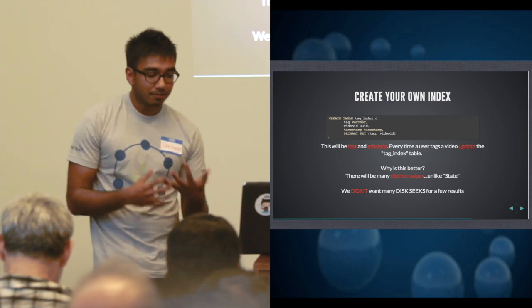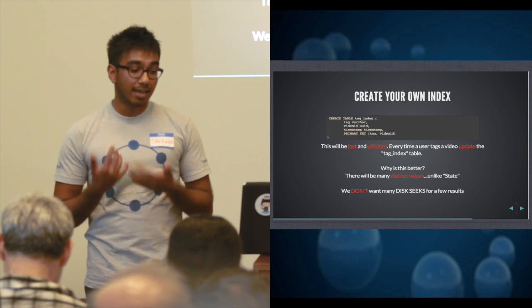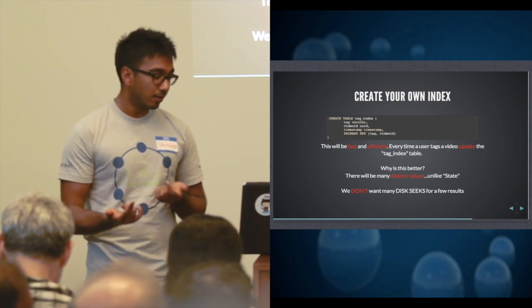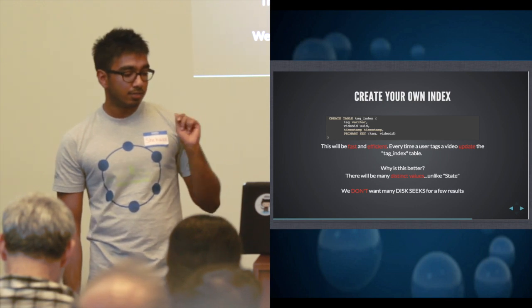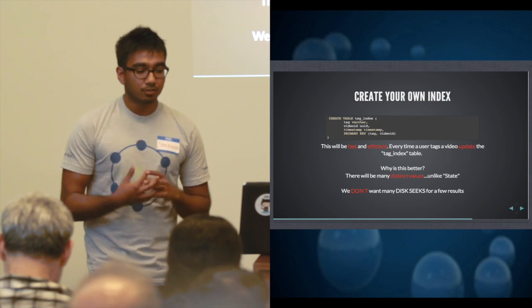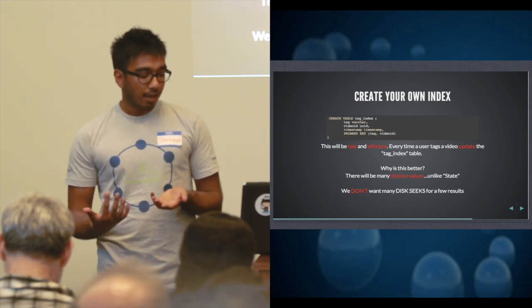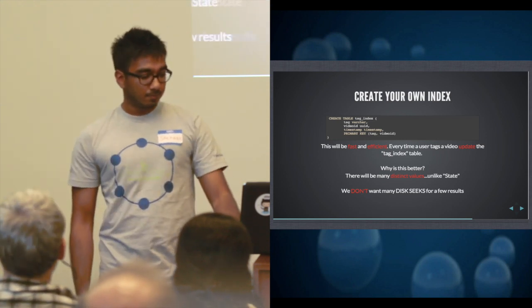This is very fast and efficient. Every time the user adds a tag for their video, you would update the tag index with the tag and the video ID. Why is this better? Because there will be many distinct tags. So you create a separate index, because we don't want many disk seeks for a few results.